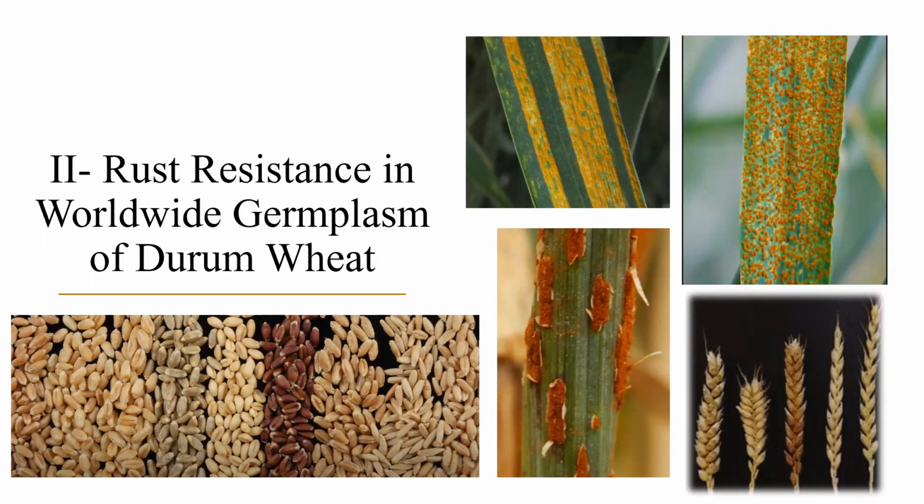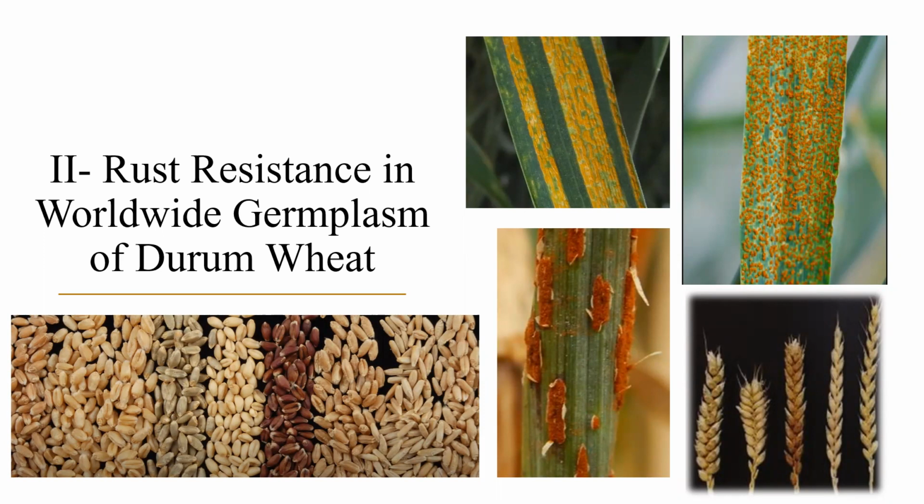The second project was to identify novel sources of resistance that are not present in current modern breeding programs, whether durum or common wheat.